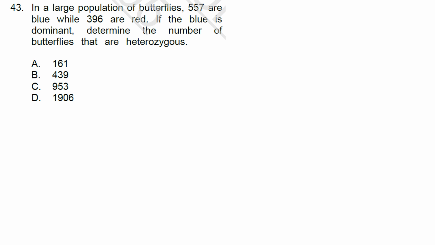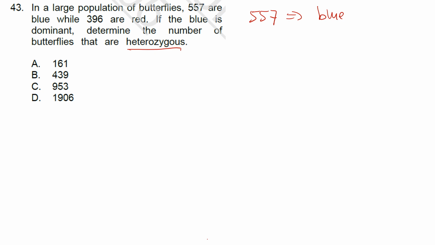Okay, so question 43. In a large population of butterfly, 557 are blue while 396 are red. Okay, if the blue is dominant, determine the number of butterfly that are heterozygous. Okay, so the information given here, 557 blue.